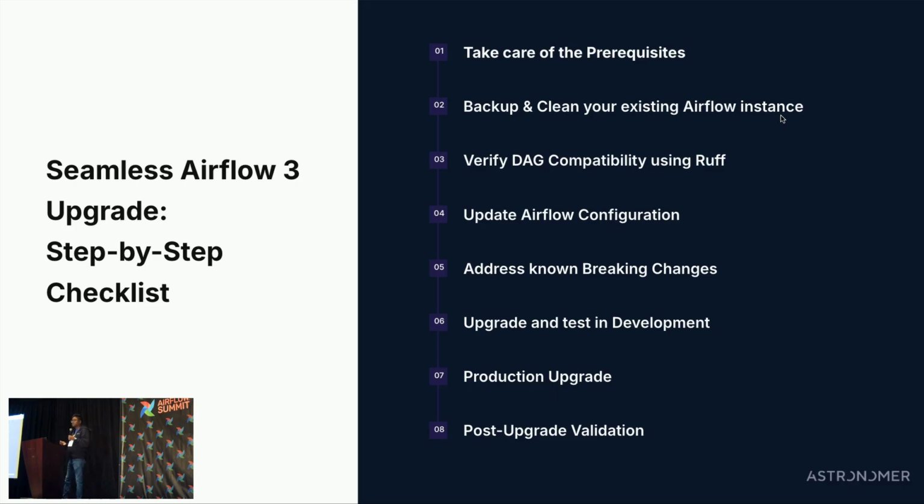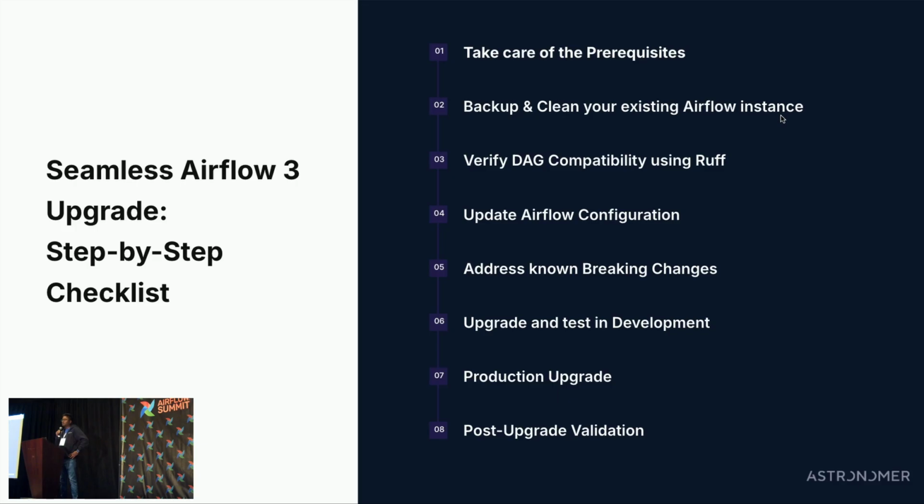One good piece of advice is to take a backup of your metadata instance. And optionally, I would also suggest pruning the data, like old XComs, etc., for faster upgrades. Next, you want to make your DAG code compatible with Airflow 3.